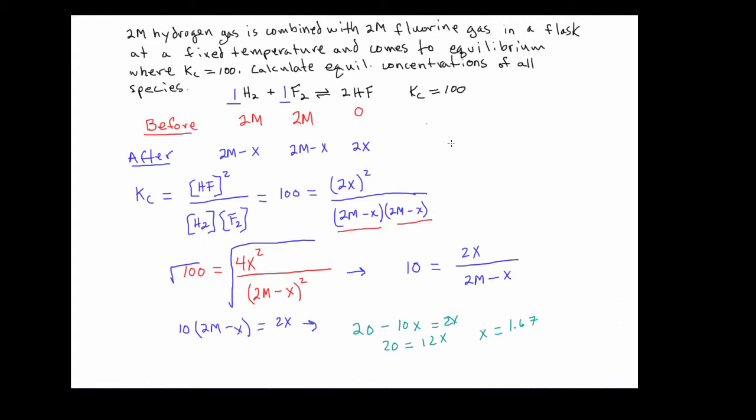Now we can go ahead and solve for the concentrations of the various species. For the H2, which is the same as the F2, so I'm going to put these two together, we're going to have 2 molar minus 1.67, which is equal to 0.333 molar.